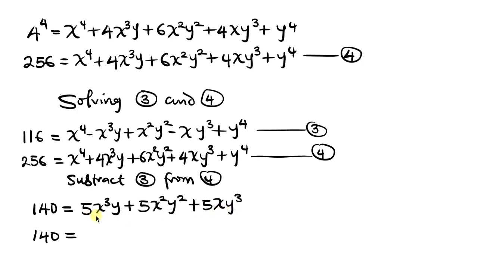So let's factor out 5xy. 5x cubed y divided by 5xy, I'm going to be having x squared, plus 5x squared y squared divided by 5xy, I'm going to be having xy, plus 5xy cubed divided by 5xy, I'm going to be having y squared. Let's continue on the next slide.